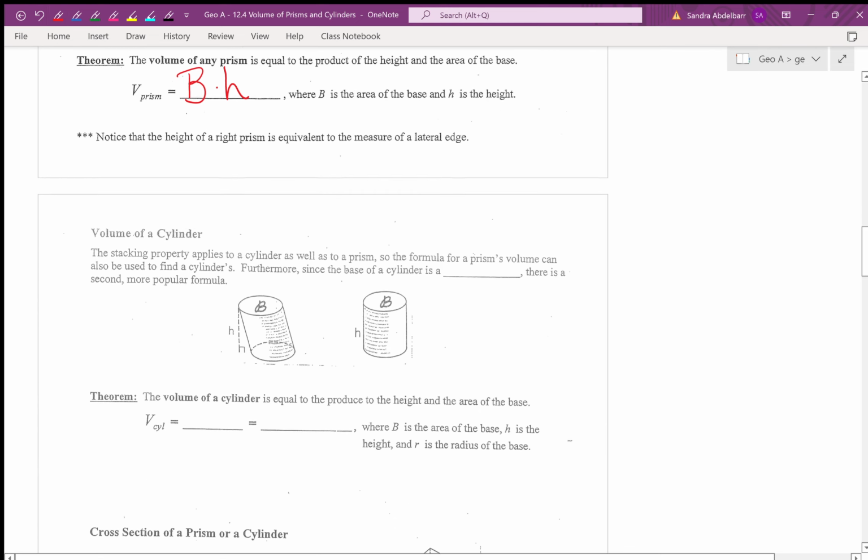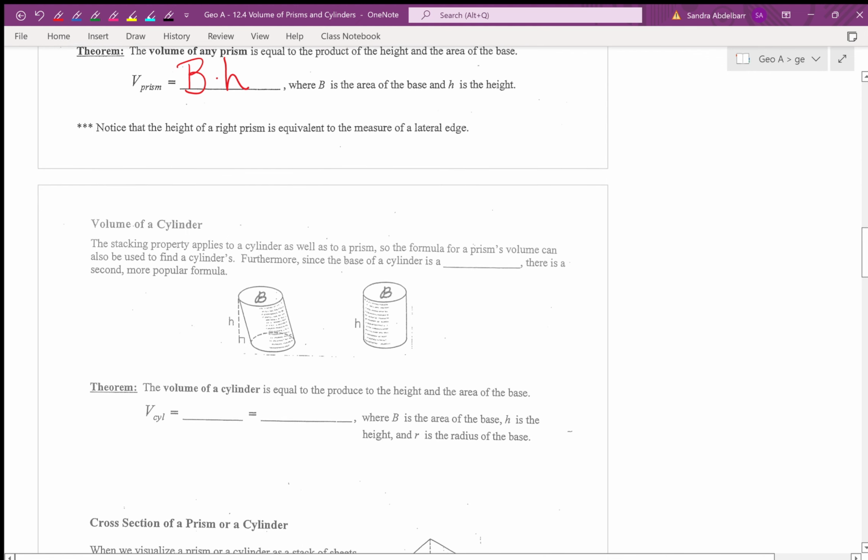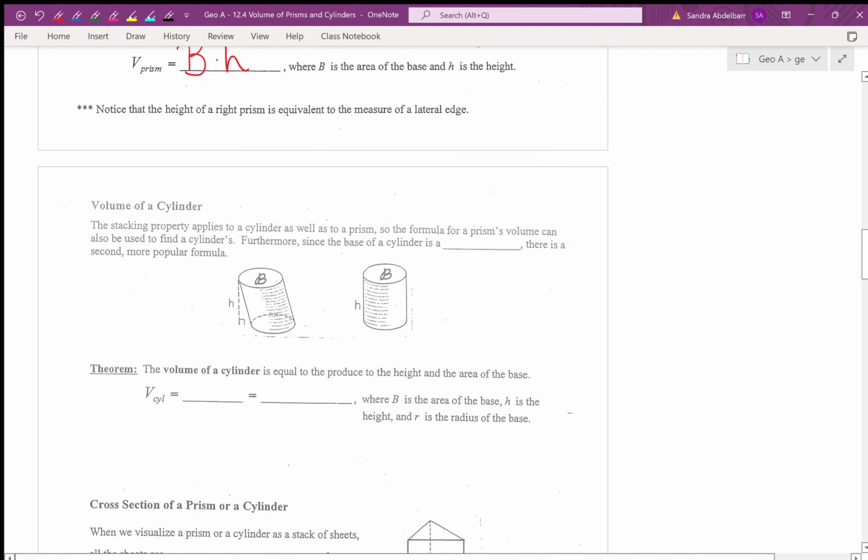All right, volume of a cylinder is the same thing. Furthermore, since the base of a cylinder is a circle, there's a second, more popular formula. All right, I'm going to categorize cylinders and prisms in the same format.